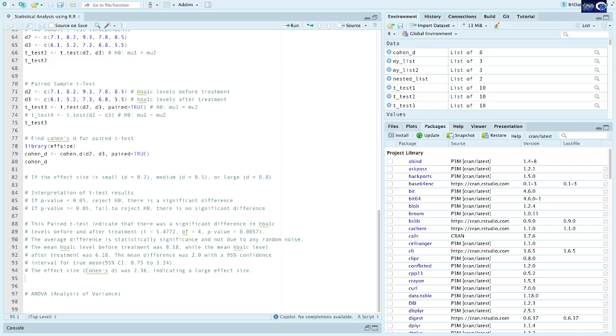The main effect of factor 2 is not significant, and that is confirmed by Tukey's HSD as well. The interaction between factor 1 and factor 2 is not significant, suggesting that the effect of factor 1 is consistent across levels of factor 2, and the post hoc test also confirms that the factor 1 effect is consistent. No significant difference was observed among the levels of factor 2.